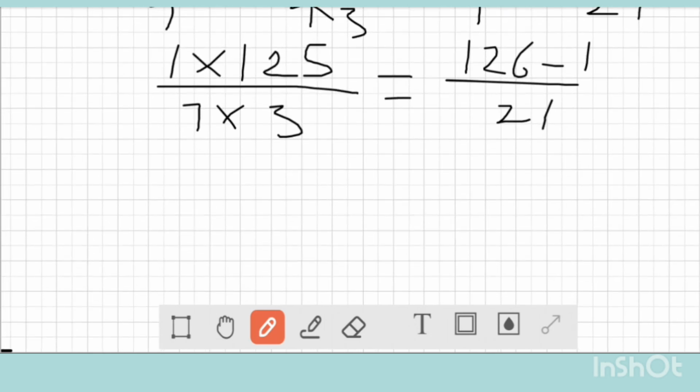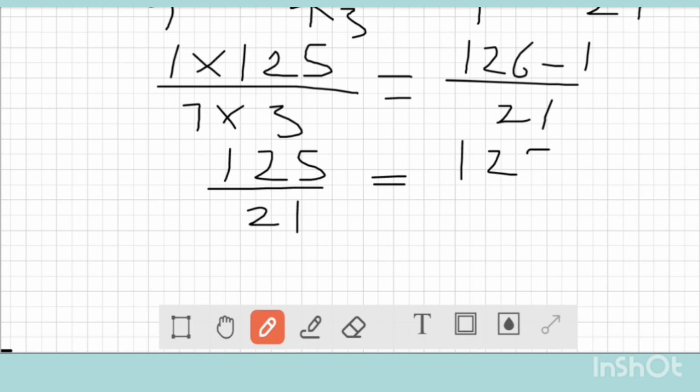So here I have 125. That's 1 times 125 equals 125 over 21. This equals 126 minus 1 is 125 also over 21.